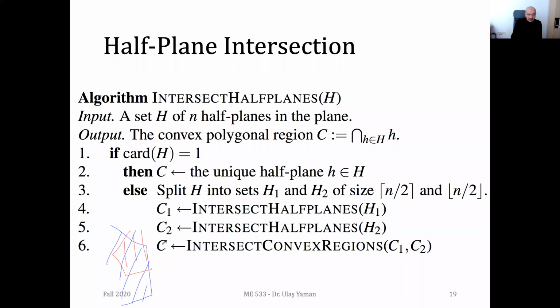So in the C, you will join these 2 parts together. So now let's use black. That will be the C. Oops, I selected white. I'm sorry. So that will be the intersection of C1 and C2.